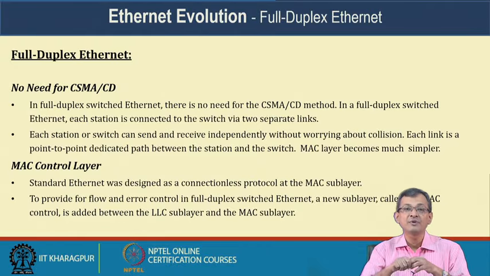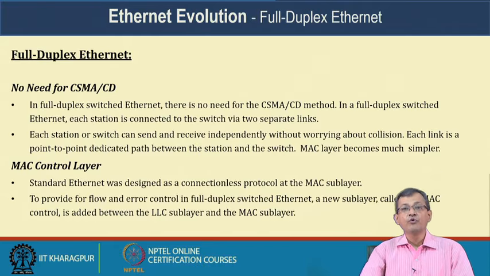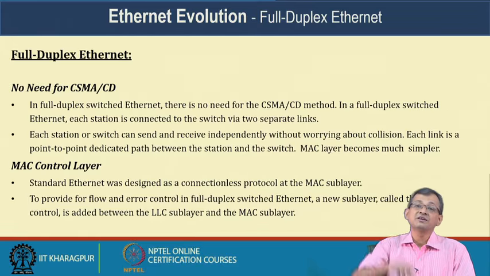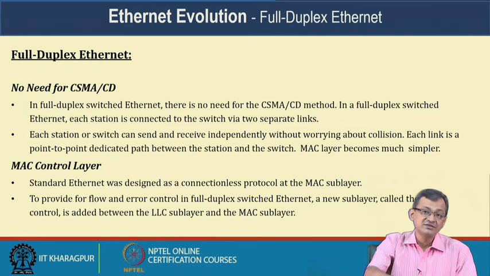Now, we need to have flow and error control mechanisms within the Ethernet, right. So, if there is an error of transmission, that means the packet you sent has not reached, or the acknowledgement you sent is dropped.